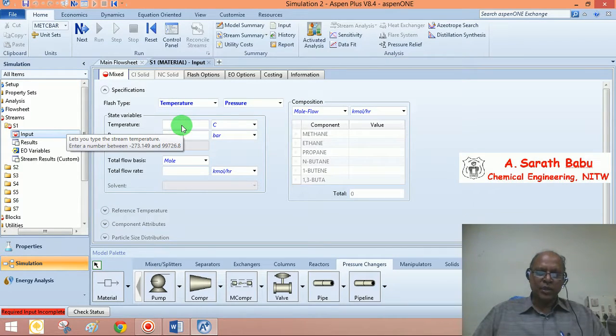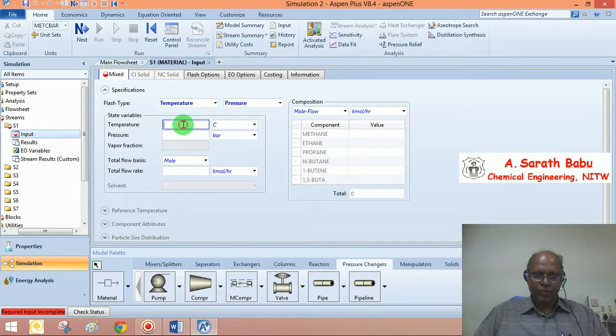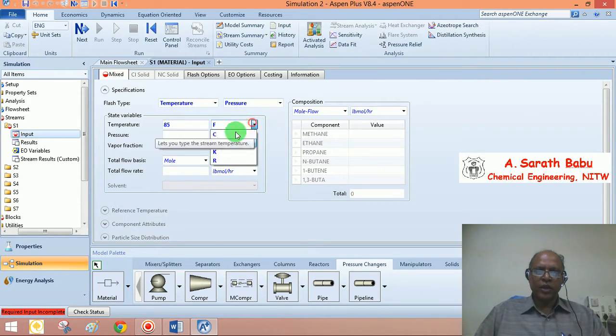So the temperature is 85 degrees centigrade, 100 psia. Now let me change the unit system to English. So 85 degrees Celsius and 100 psia.